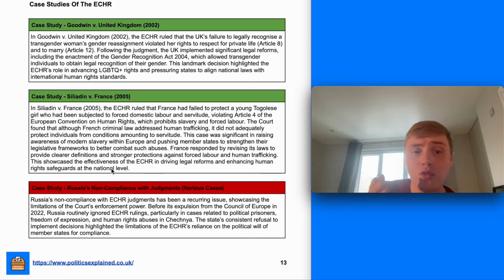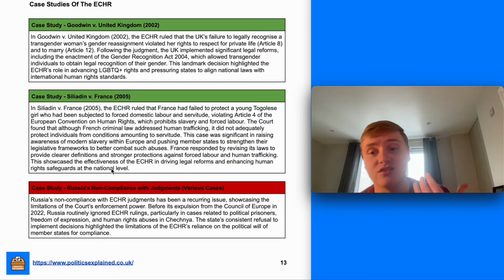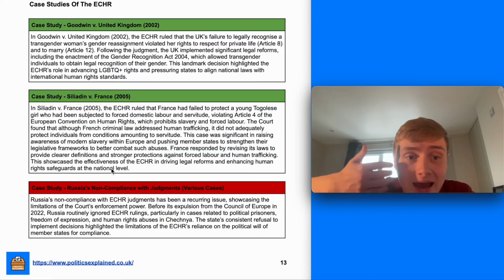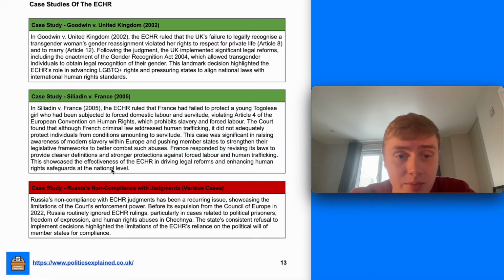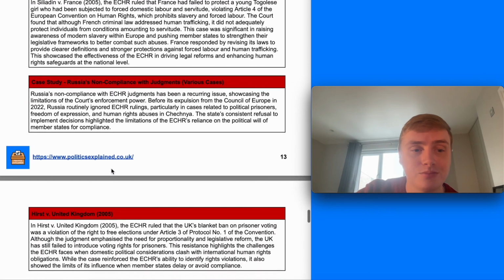It found that although French criminal law addressed human trafficking, it didn't adequately protect individuals from conditions amounting to servitude and effectively slavery. This not only raised awareness of modern slavery within Europe, it also led to France revising its laws to provide clearer definitions and stronger protections against forced labour. And it shows, again, the effectiveness of the ECHR in driving legal reforms within member states.